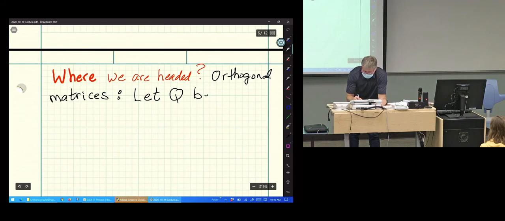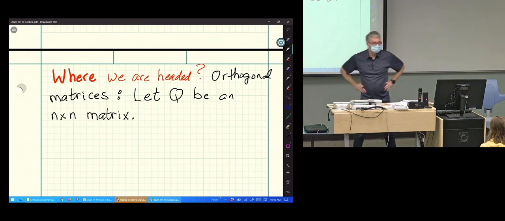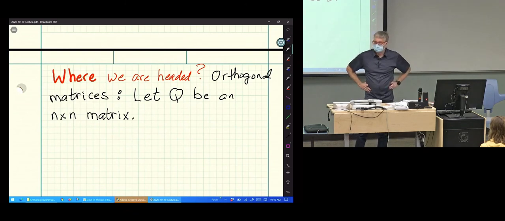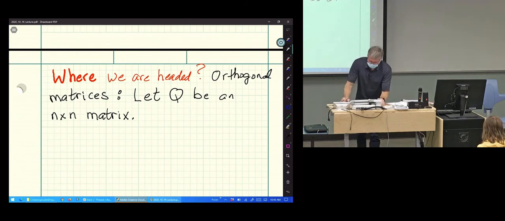So let Q be an n by n matrix. Ooh, we haven't used Q for a matrix ever. We always call them A, B, C. We haven't got that far down the alphabet. We use P for permutation. I guess they don't use O because it looks too much like a zero, okay? It's not the zero matrix. It's going to be Q for orthogonal.